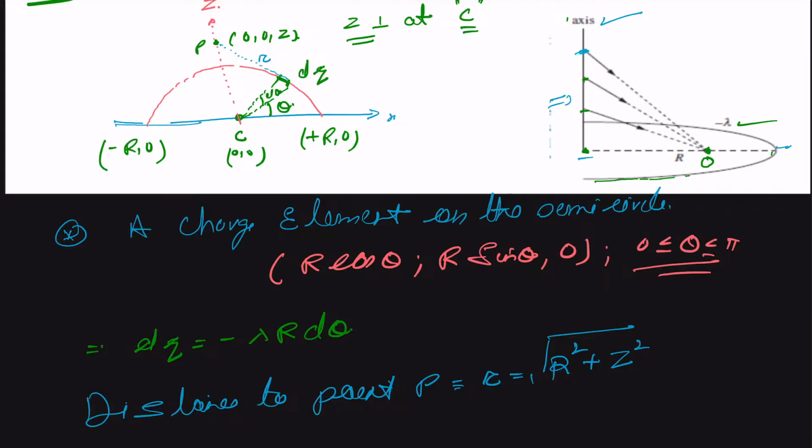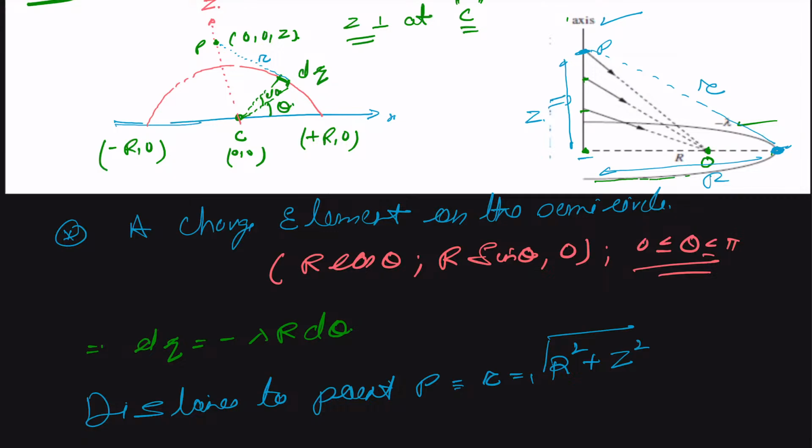Let us suppose this is our point P, so obviously this will be our z. We have taken the charge density somewhere here, so this entire distance will be our r, and if we join this one, this is our small r.